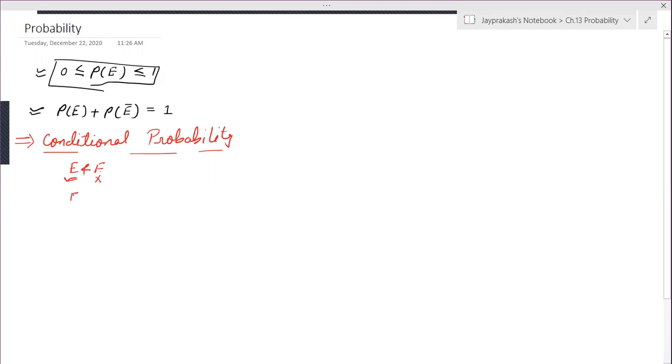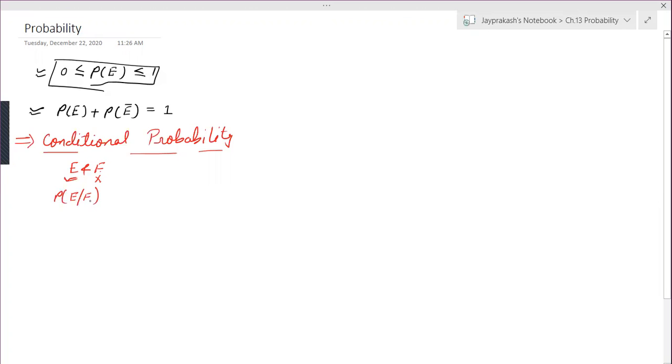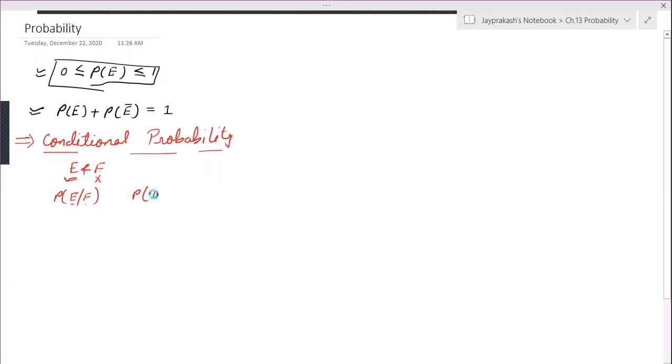For example, if I write P of E given F, it means we have to find the probability of E when F is given. Or if I write it the other way, we have to find the probability of F when E is given.